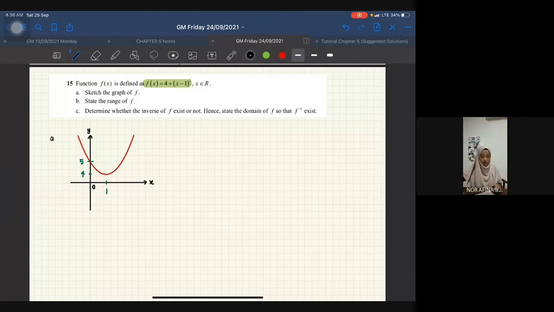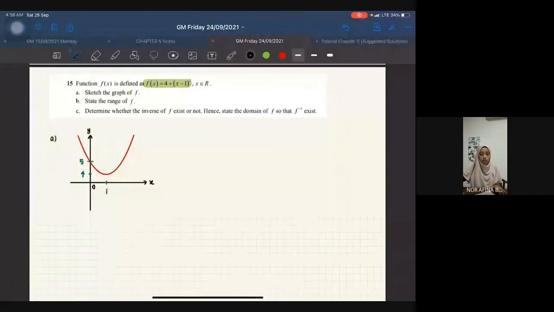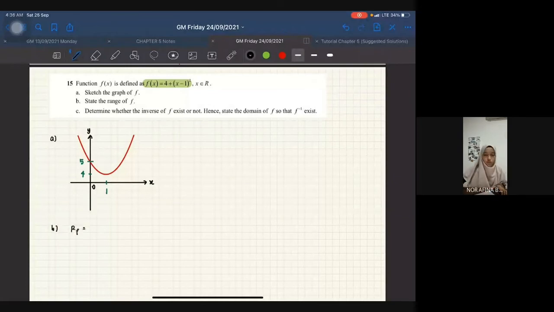Okay, and then part B, soalan minta kita range of f. So this part B is range of f, Rf. Okay, so range adalah the interval of y. So maksudnya awak akan ambil nilai yang paling rendah dalam graph awak pergi ke nilai yang paling tinggi. Okay, so nilai yang paling rendah yang kita tengok pada graph kita berada pada 4.